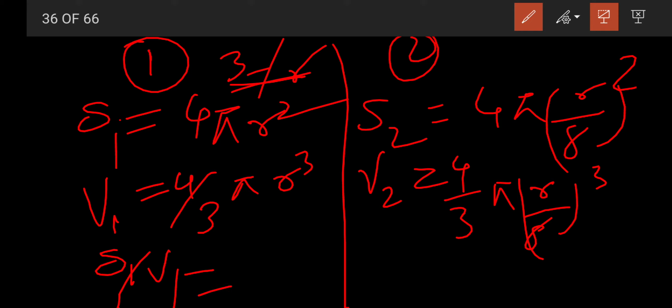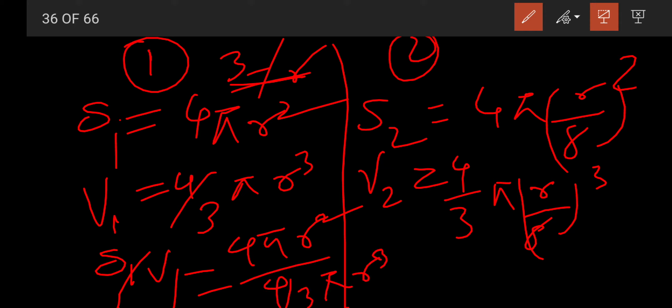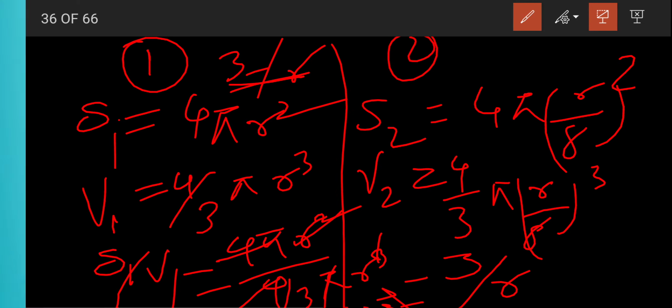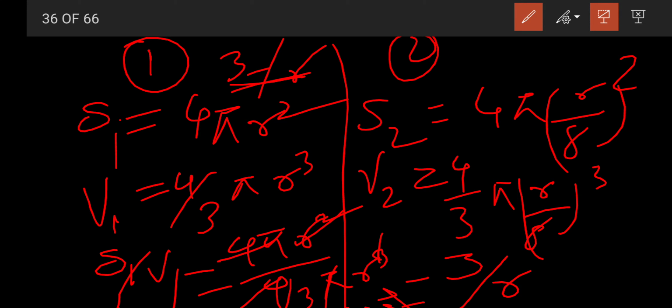So see, 4 pi r square by 4 by 3 pi r cube. So 4 pi cancel, r square cancel, 3 goes upward, and r remains downward, that is 3 by r. Okay, so this is for system 1.